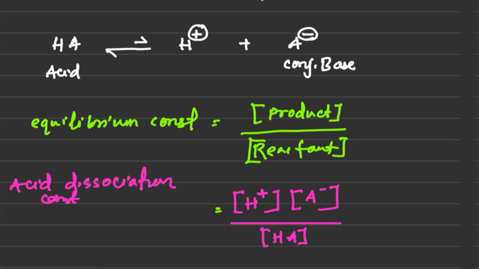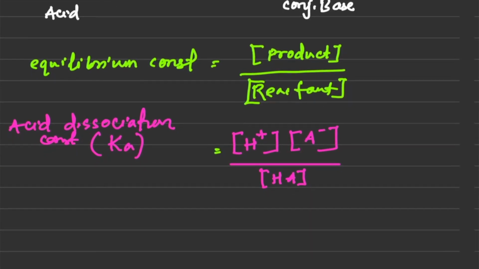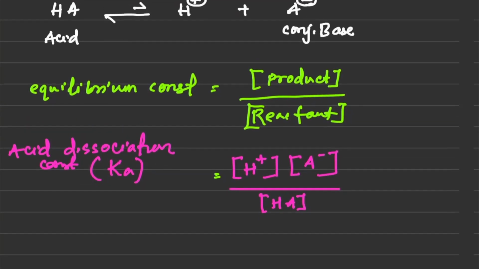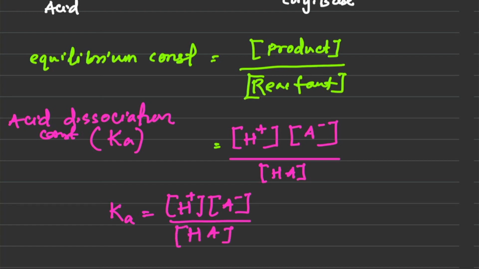This is written as Ka, the acid dissociation constant, or dissociation constant of an acid. So basically Ka is H+ times A- divided by HA. Let me rewrite this: Ka equals the concentration of products, H+ and A-, divided by the concentration of acid. That's the equilibrium constant for acid dissociation.